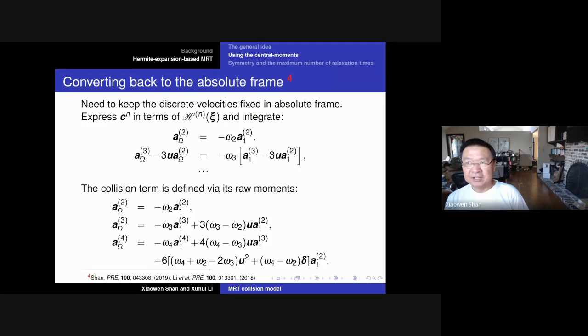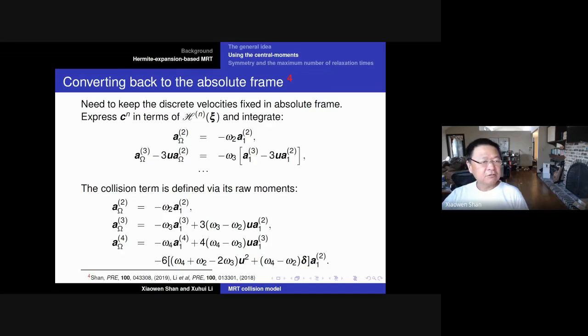There are many different ways. In the literature, some people use interpolations to go back to the absolute frame, or calculate the relative Hermite expansions. But here we use the so-called binomial transform. Actually, there is a relation between the central moment and the raw moment, which is called the binomial transform.